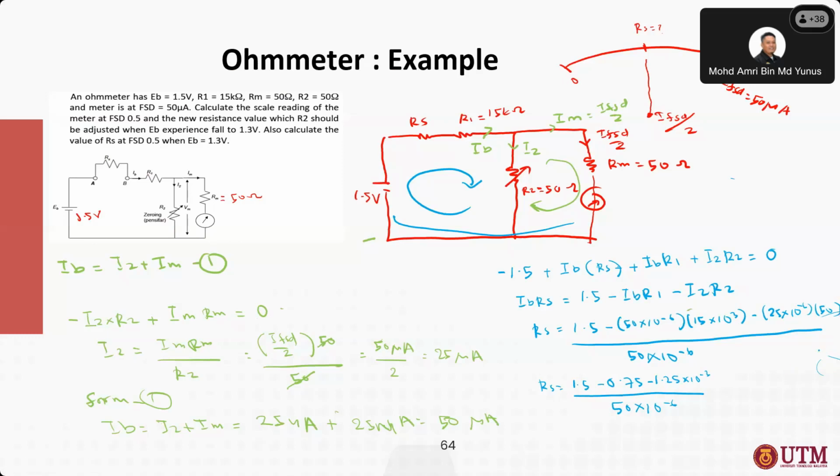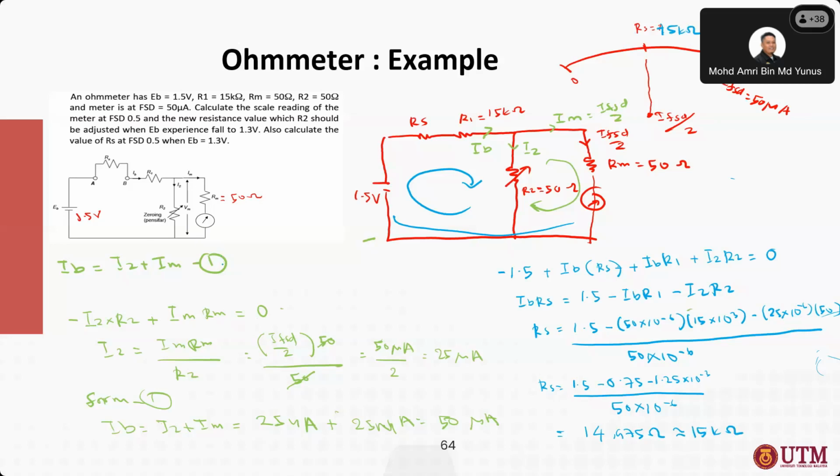So it's around 1475 ohm or close to 15 kilo ohm. Okay, so RS in this design is 15 kilo ohm.